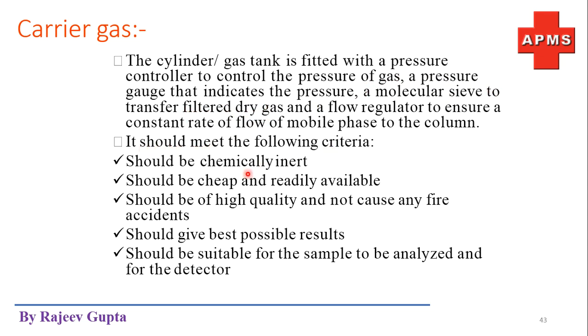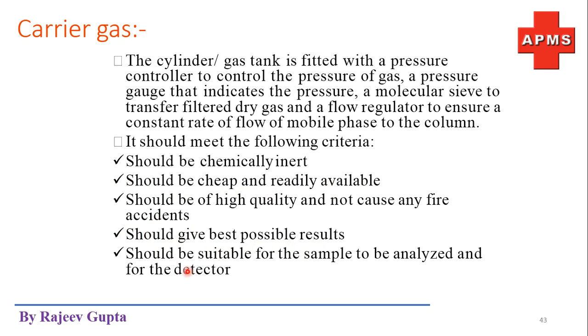So the carrier gas should meet the following criteria: it should be chemically inert, as we have learned earlier, cheap and readily available, and of high quality, meaning impurities should not be present, and it should not cause any fire accident. Fire accidents could be caused when we use explosive gases like hydrogen.